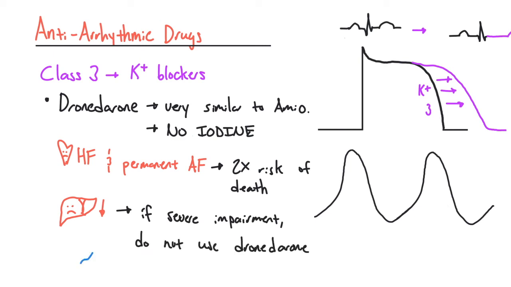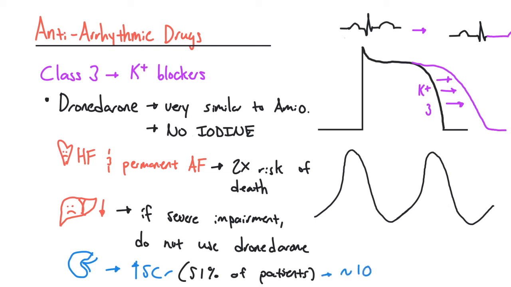Finally, in patients treated with dronedarone, we do see an increased serum creatinine. And this is in actually about 51% of patients. So quite prevalent. And this increase in the serum creatinine can be about 10%.